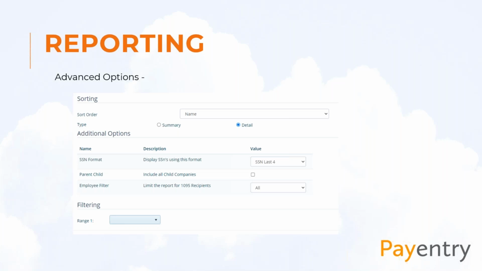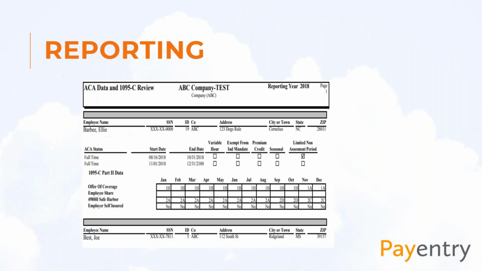When you have all, the entire report will pull up for you. Under Filtering, the range allows you to sort for full-time, part-time, and other types of employees. Again, this is what this would look like once you run the report. If there is an error, it will be down here at the bottom underneath the table.